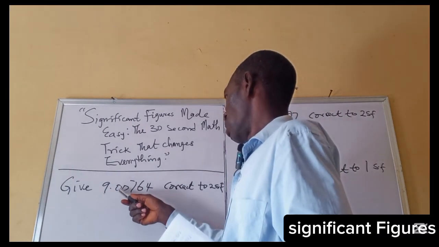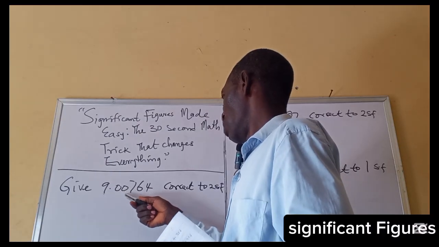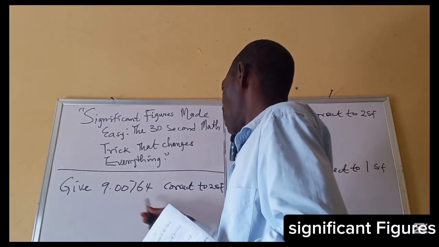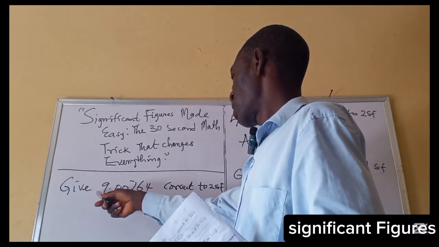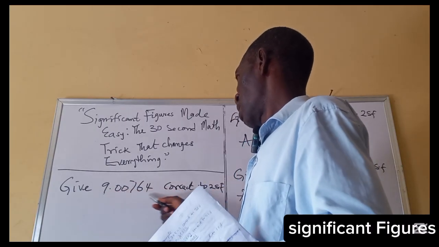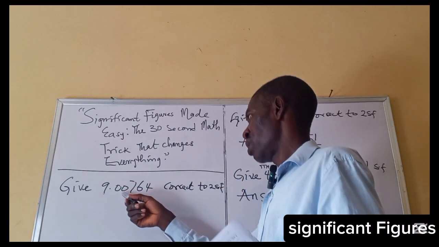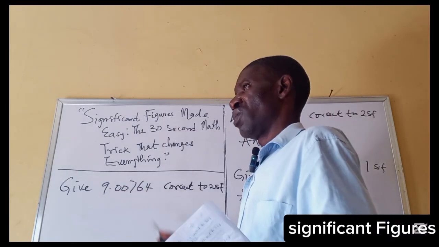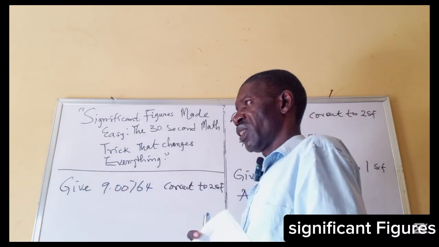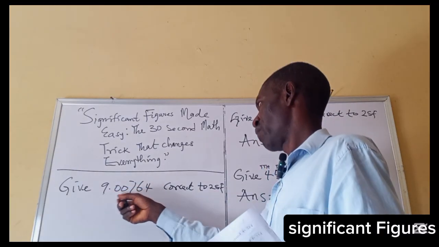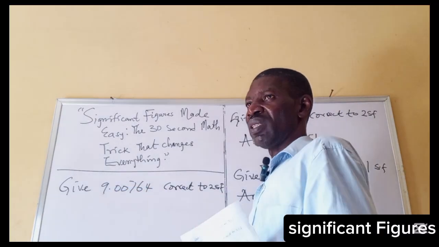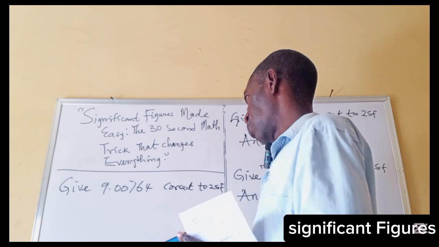The second one is this 0, 0, 6, this. So I gave this example so that you understand that 0 in between figure are counted to be significant. Okay, 0 in between figure, they are counted to be significant figure.